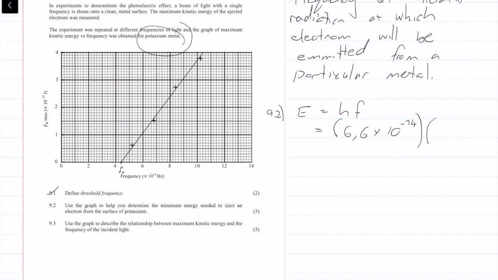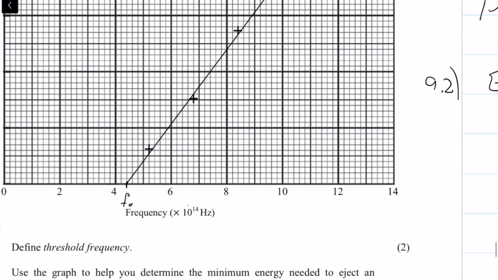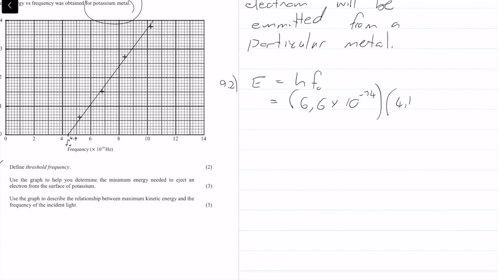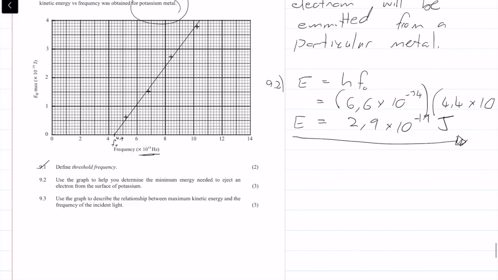We can go with f naught, and that is 4,4 times 10 to the 14. The answer that we get is E equals 2,9 times 10 to the minus 19 joules, and that's the answer.